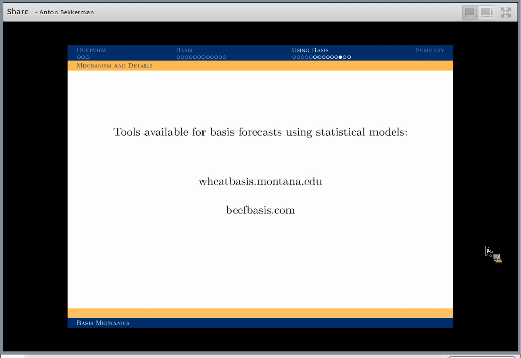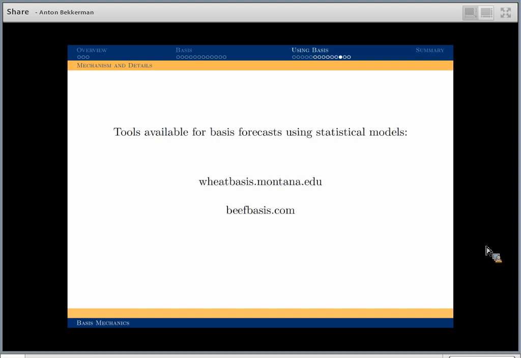Okay, so the last question we want to ask is, why are bases different from year to year? If we can take all of these factors into account, and we know that local prices and futures prices move very closely together, why can't I just calculate one historical basis value and then use that for the next 10 years? Well, here's the issue. When different events happen, they can impact futures prices and cash prices disproportionately.